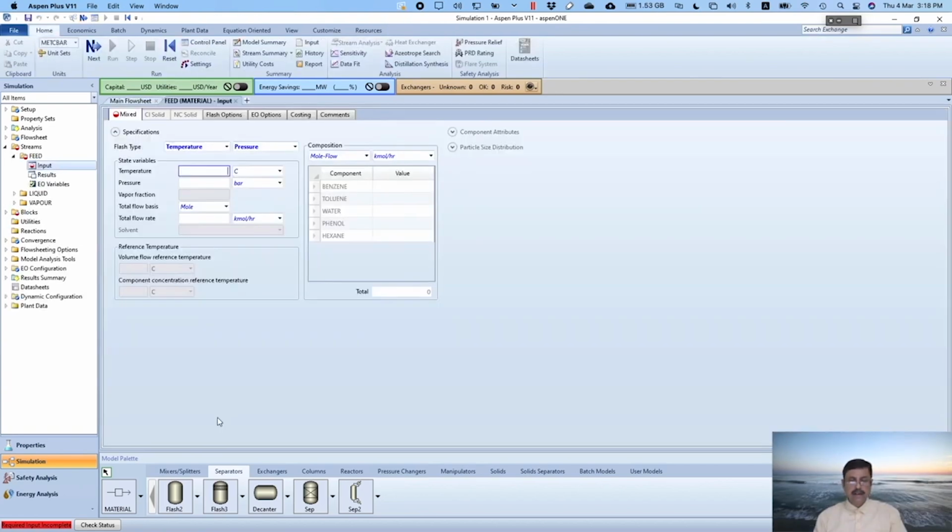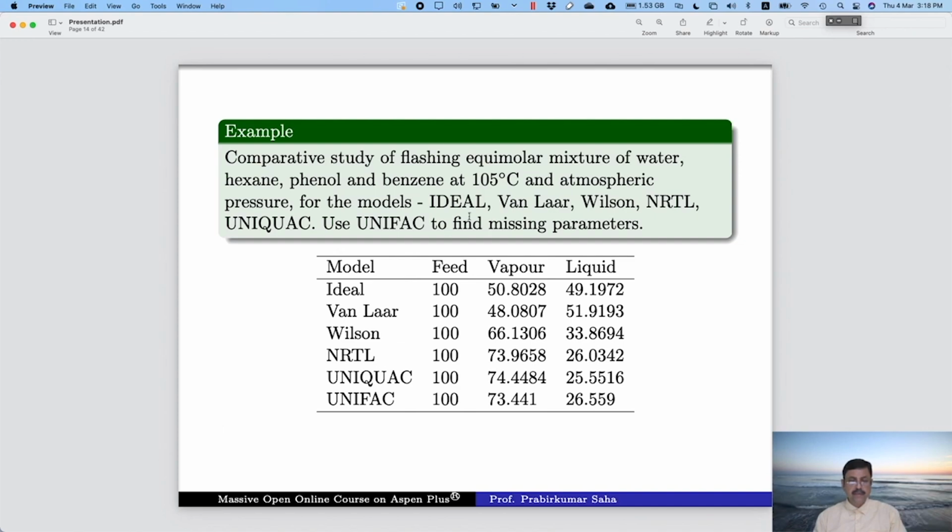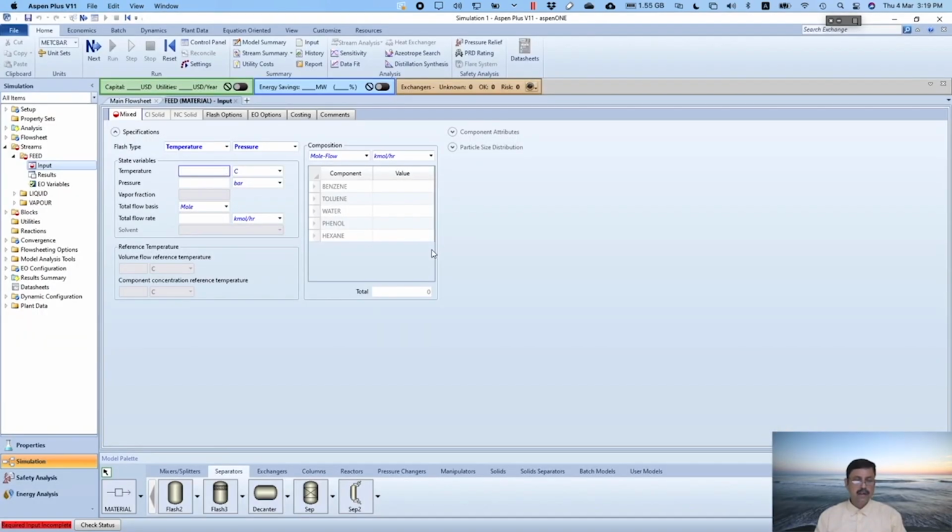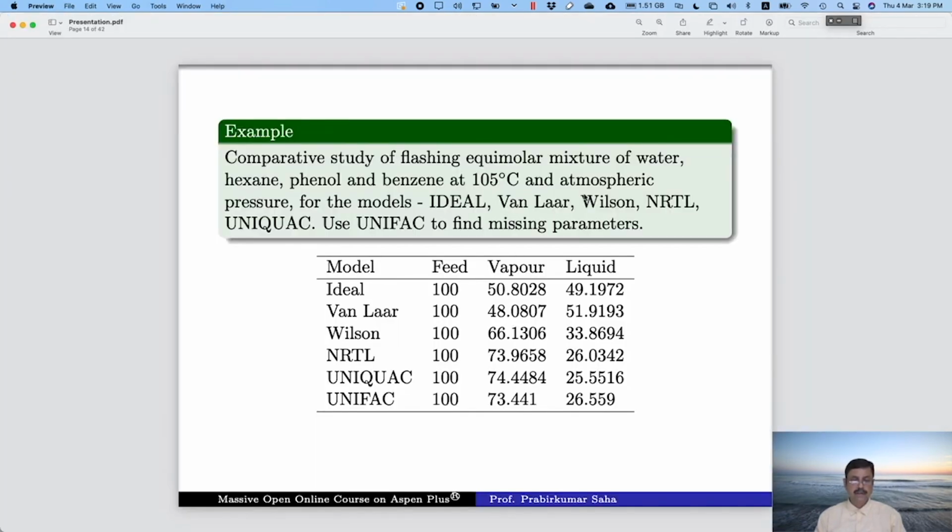We have 105 degrees centigrade and atmospheric pressure, and we have an equimolar mixture of water, hexane, phenol, benzene. So equimolar of 4 things.